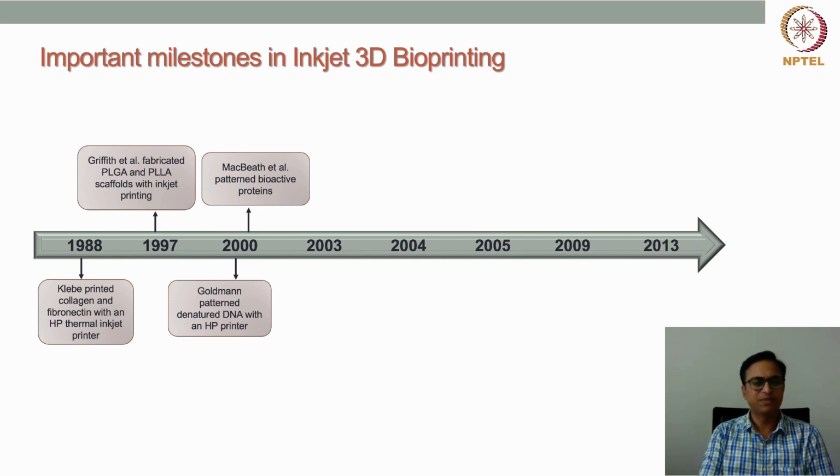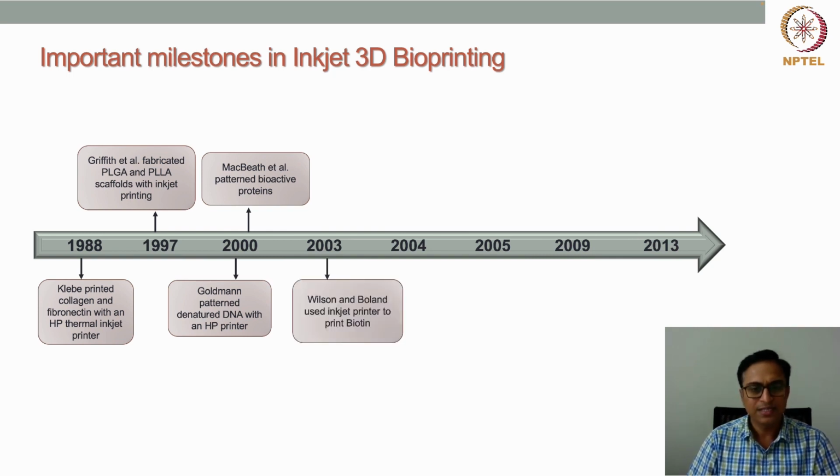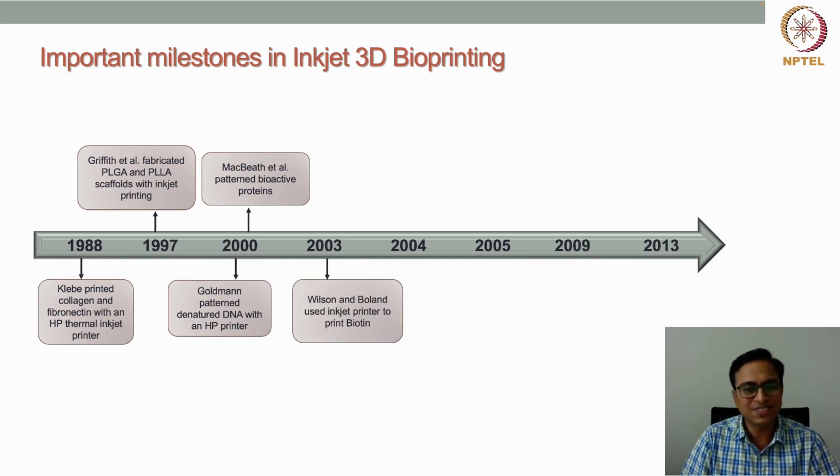So for DNA patterning, inkjet printing technology was also used in 2000. Then in 2003, the researchers Wilson and Boland used an inkjet printer to print a biomolecule called biotin.